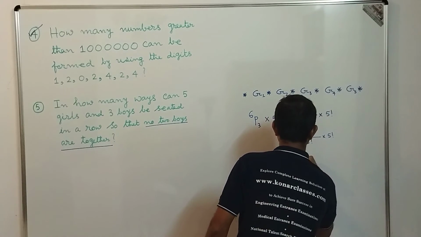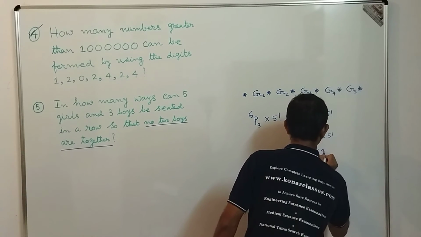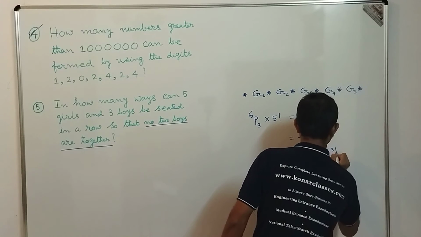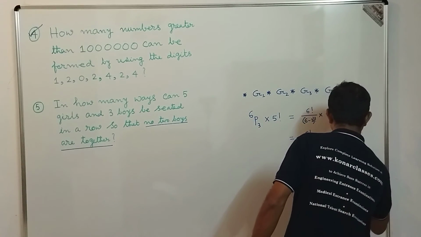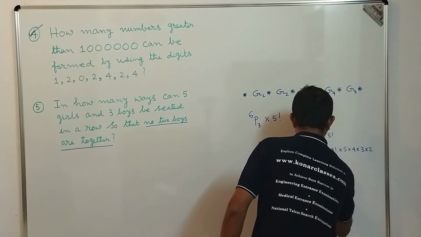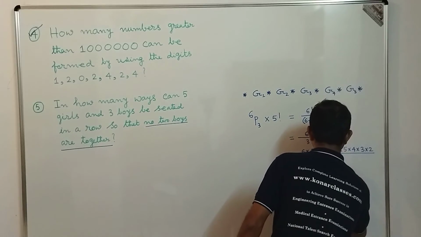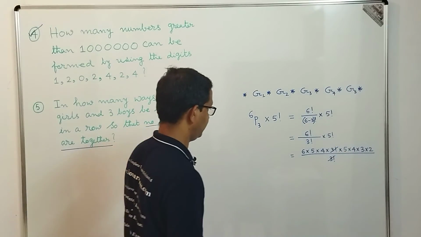That is equal to 6 into 5 into 4 into 3 factorial into 5 factorial, and in the denominator we have 3 factorial, and that 3 factorial will get cancelled with the numerator 3 factorial.